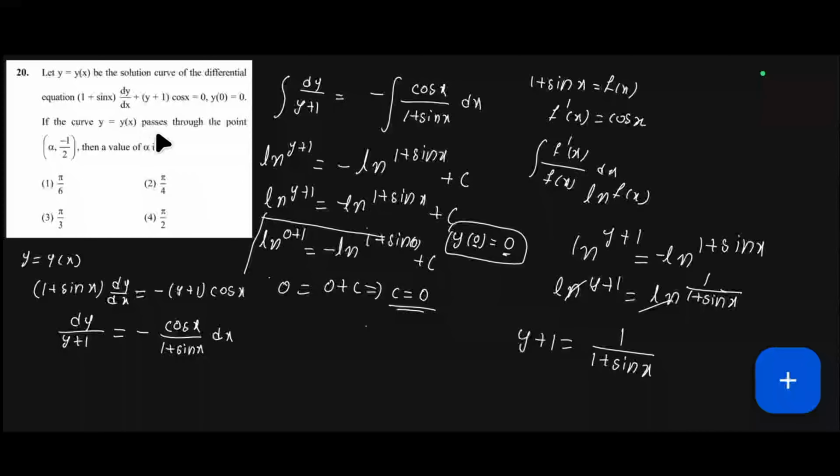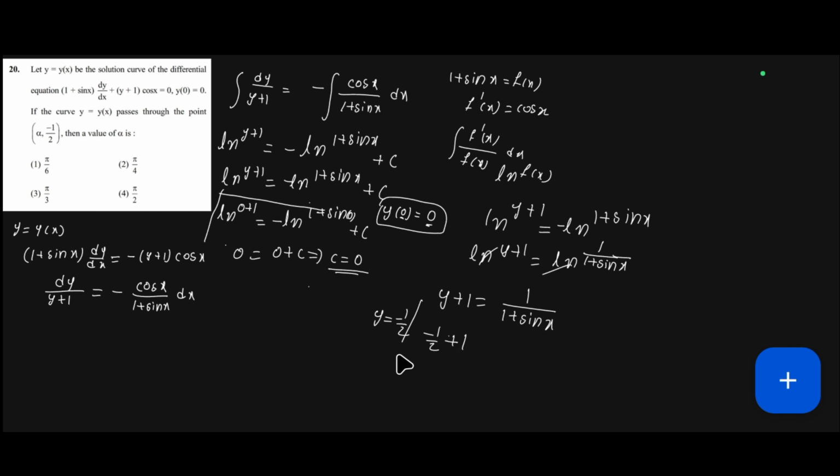Next, they are asking y is equal to y of x passing through the point alpha comma minus 1 by 2. Means y value is minus 1 by 2. Substitute y is equal to minus 1 by 2: minus 1 by 2 plus 1 is equal to 1 by (1 + sin x).